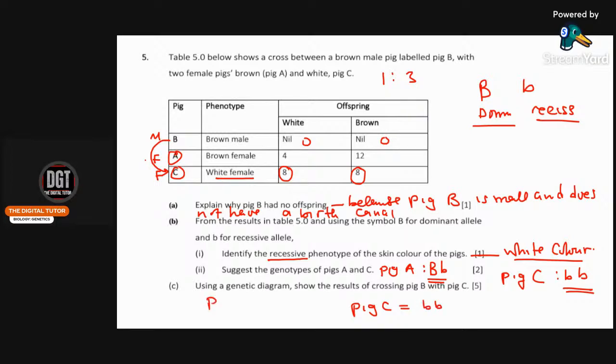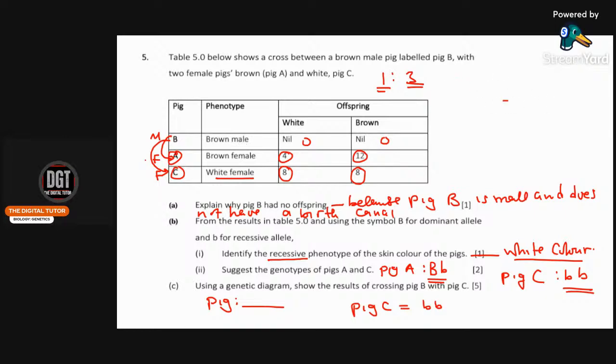The only thing remaining is for you to know the genotype of pig B. What is the genotype of pig B? If this one is crossed with this one, it gave us this, which is 1 to 3, which means this one is also heterozygous.